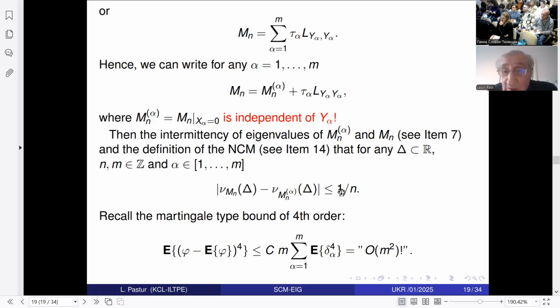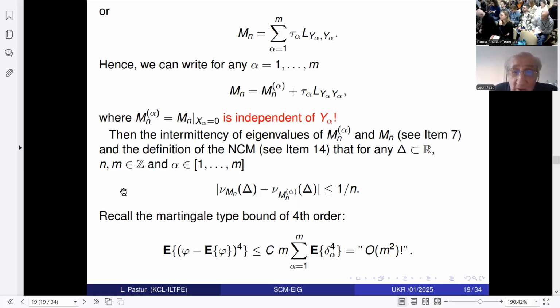But my measure, the normalized eigenvalue counting measure, is the number of eigenvalues falling in delta divided by n, by the size of the matrix. This is why we have here not 1 but 1 over n.